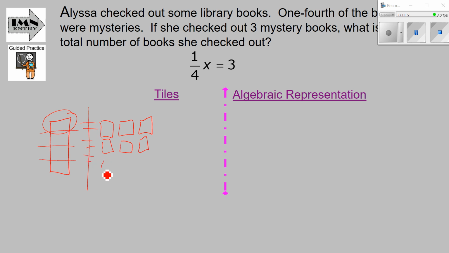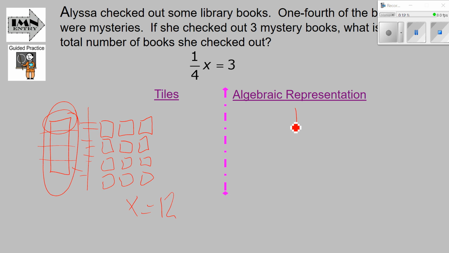Okay, and this group is equal to 3, and this 4th is equal to 3. Okay, so that means that 1 whole x, if you look at it like this, is equal to all of these units. So 1, 2, 3, 4, 5, 6, 7, 8, 9, 10, 11, 12. So based off the picture, x is equal to 12.